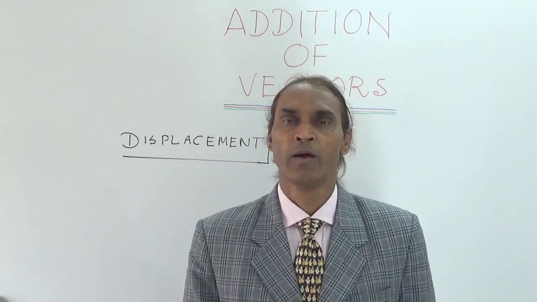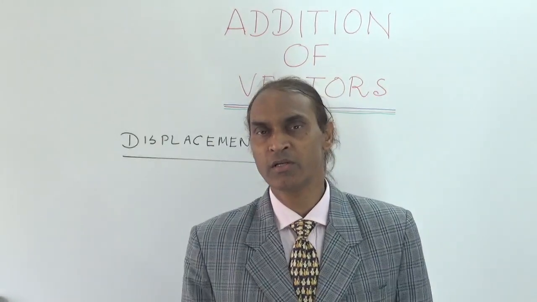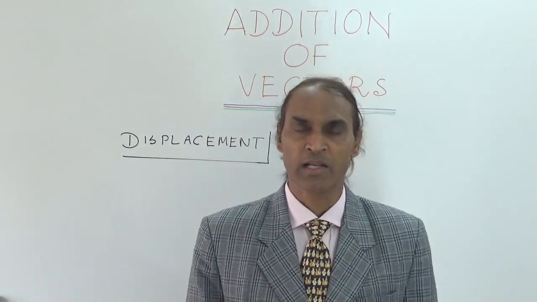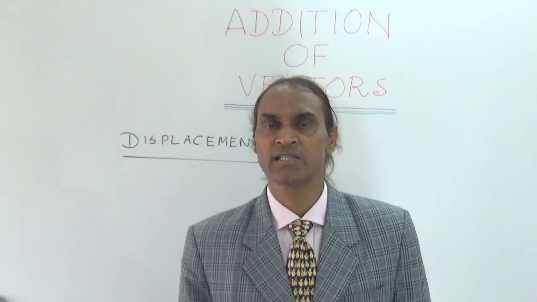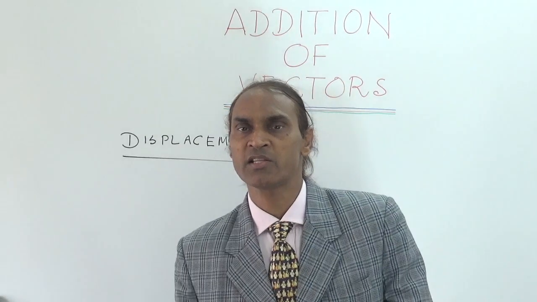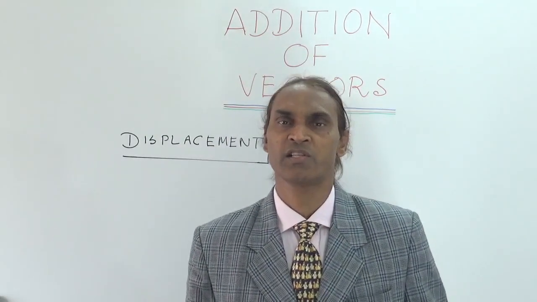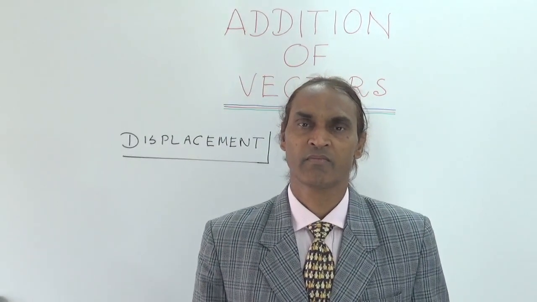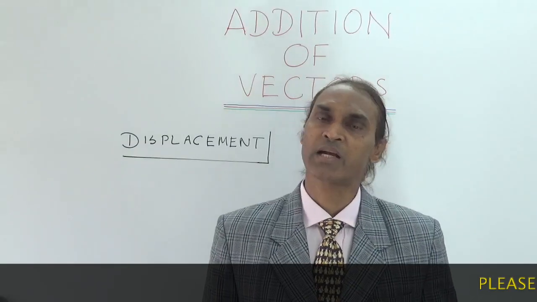When you move from one position to the other position, the initial position is the starting position, the final position is the destination. The position of the final point, the position of the destination with respect to the initial or the starting position, a starting location or the starting point, is known as displacement. It's characterized by vector quantity.